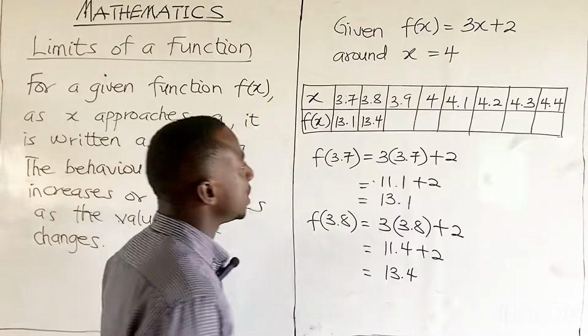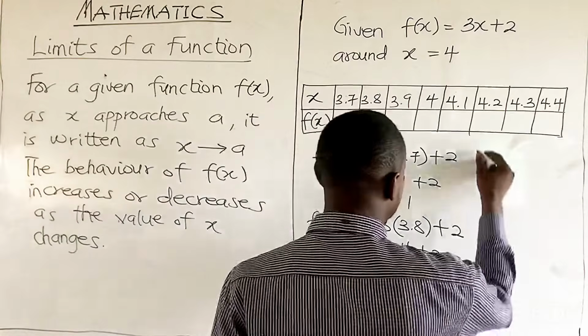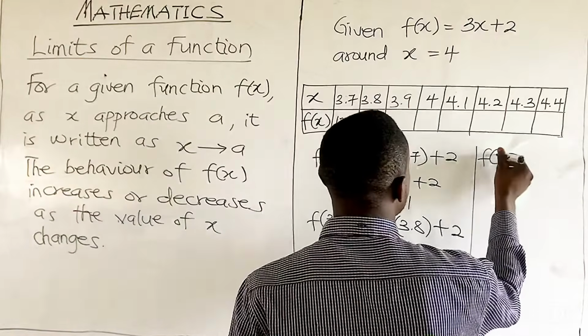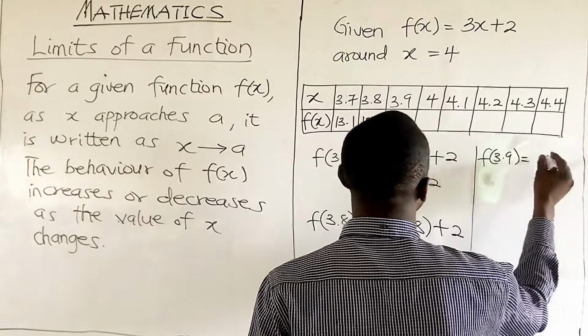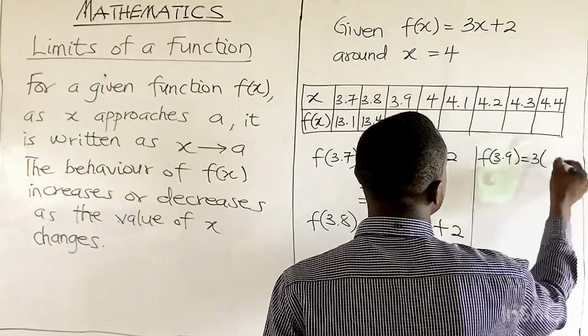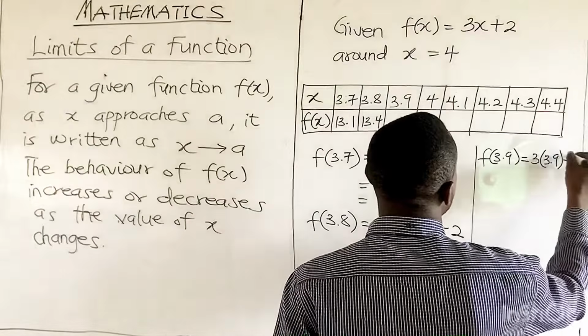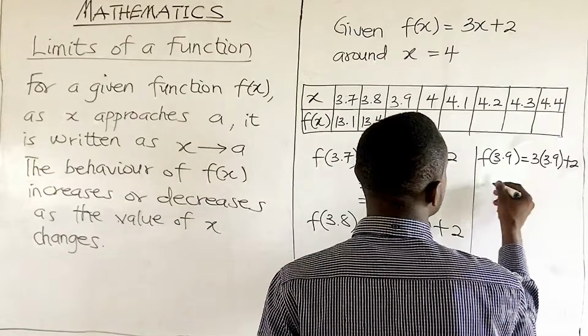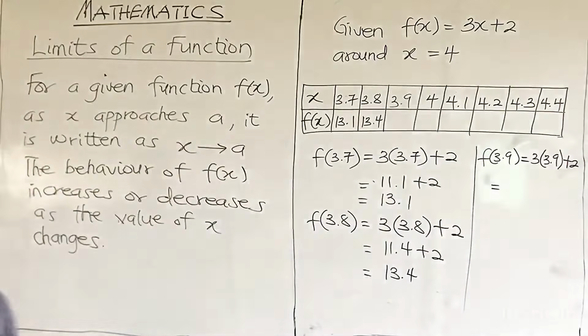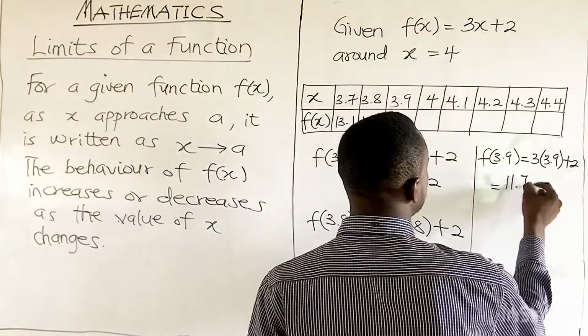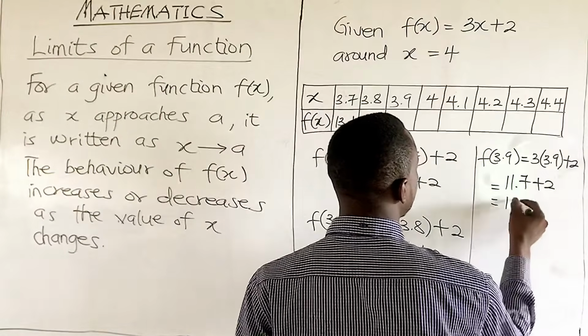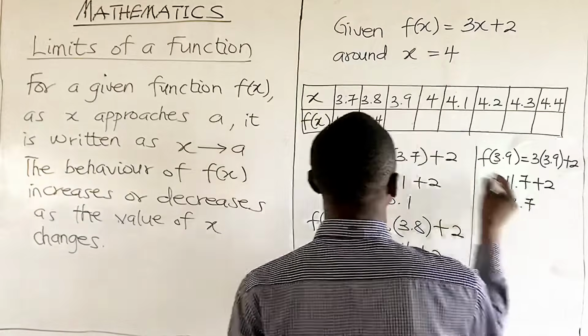Now when we substitute 3.9, we have f of 3.9, which is 3 multiplying 3.9 plus 2. And 3 times 3.9 is 11.7, plus 2, which also gives us 13.7.